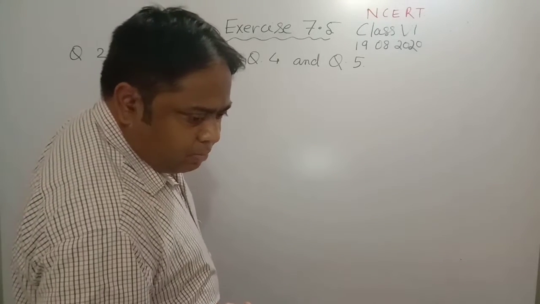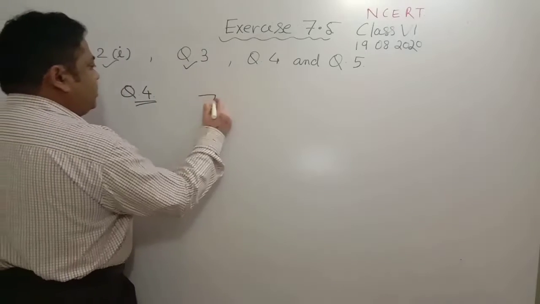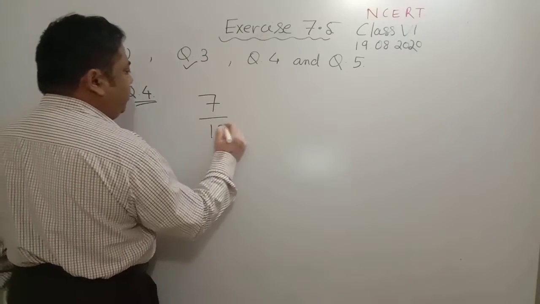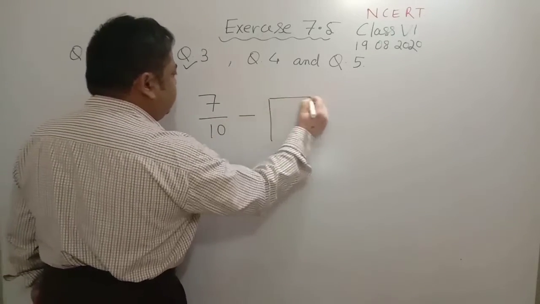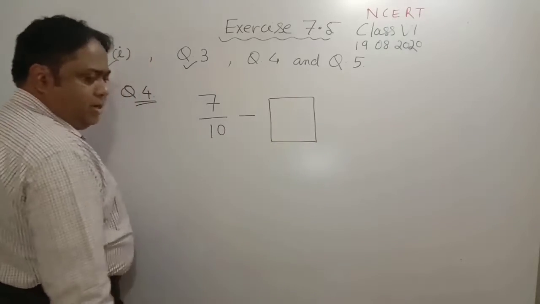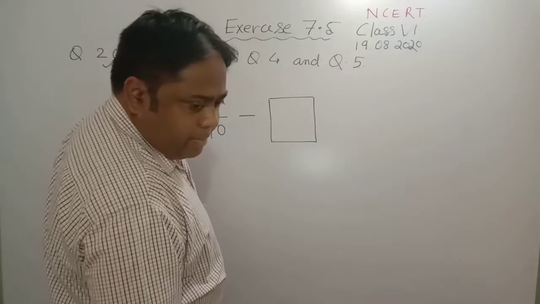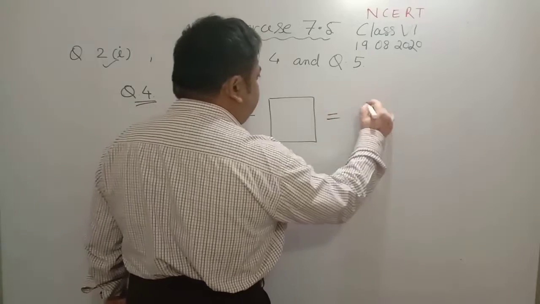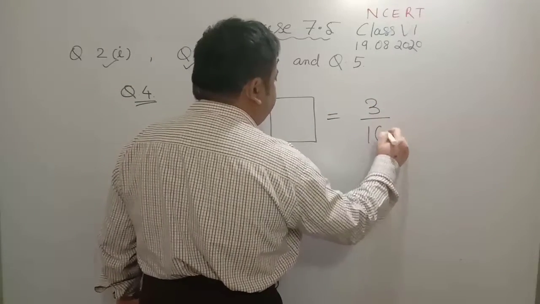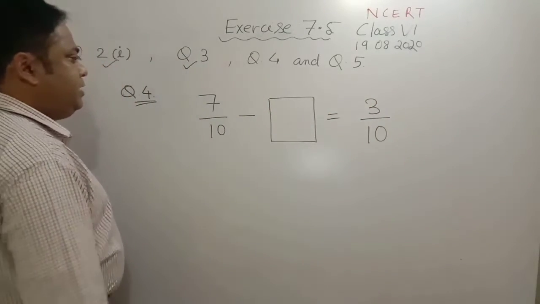Question number 4. Fill in the missing fractions. 7 by 10 minus what will become 3 by 10? It is very easy.